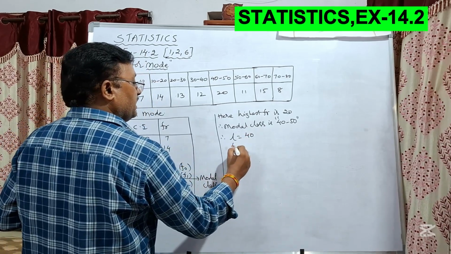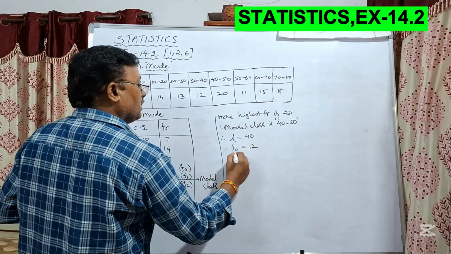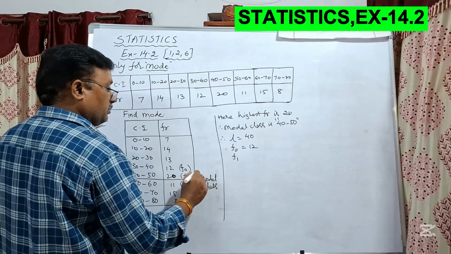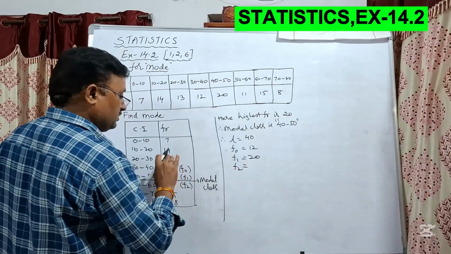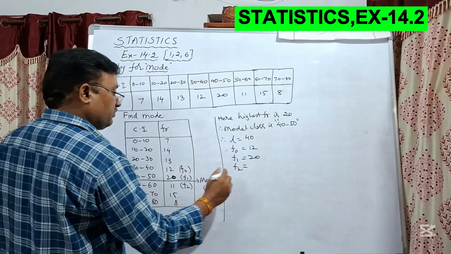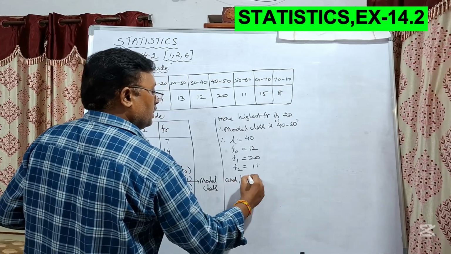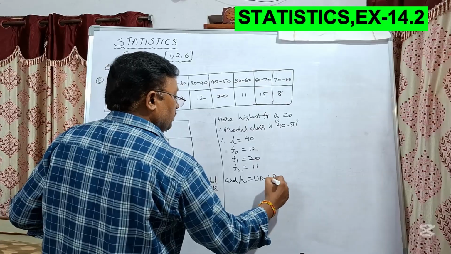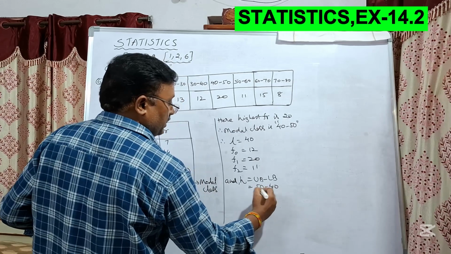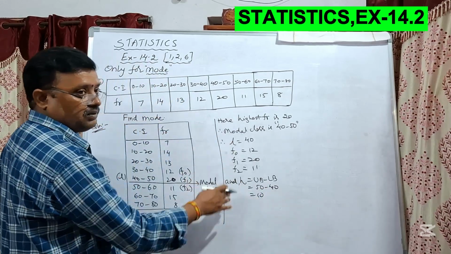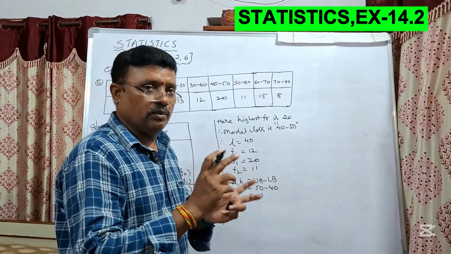And the preceding class frequency f0 is equal to 12. f1, the frequency of the modal class, equals 20, this is the biggest one. f2 is the succeeding class interval frequency, 11, and h is the upper boundary minus lower boundary, 50 minus 40, that is 10. These are our required values which will be useful in the mode formula.